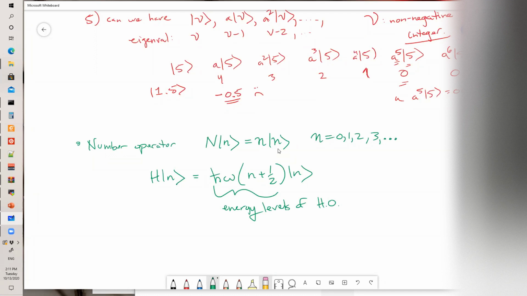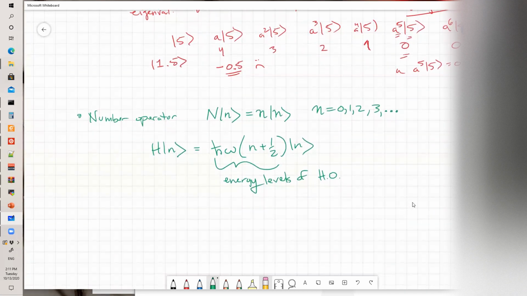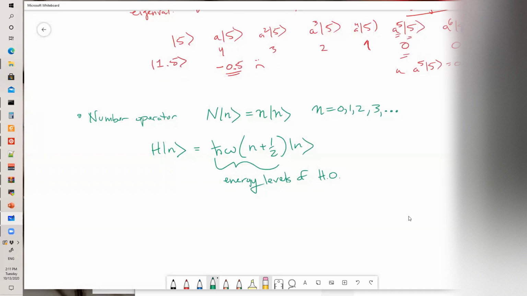Yeah, and these n's are the energy eigenstates. And you can go between them by applying the raising and lowering operators.